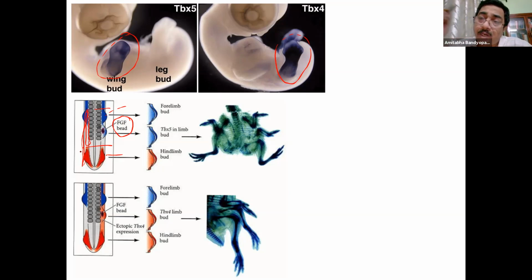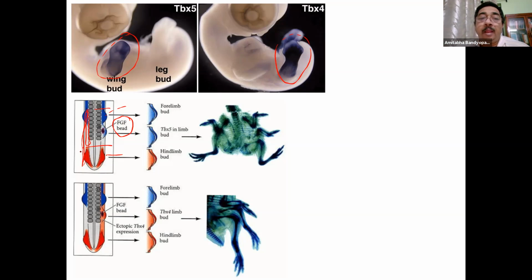There are naturally two limb buds, one that is a wing bud that will form the wing, one that is the leg bud that will form the leg. Closer to the head is wing bud, closer to the tail is leg bud. But when you are forming this supernumerary bud, what will be its character, wing-like or leg-like? And it has been shown that if you do it closer to the wing bud, then the supernumerary one will be a wing bud.